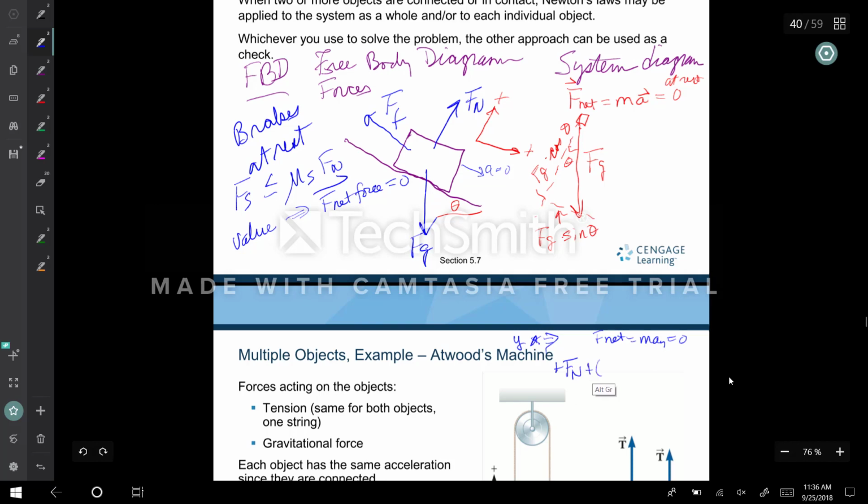I have F sub g cosine theta, and it is negative because it's into the plane, not away from it. Remember, we chose a way to be positive. That's equal to 0. This is what gives us F sub n is Fg cosine theta.